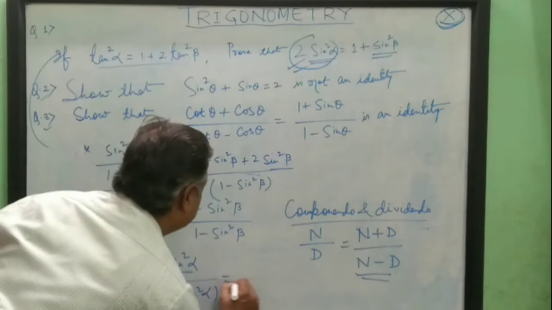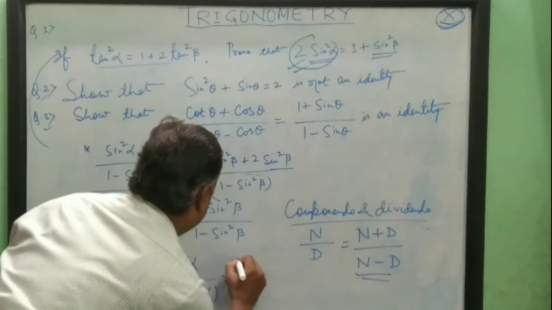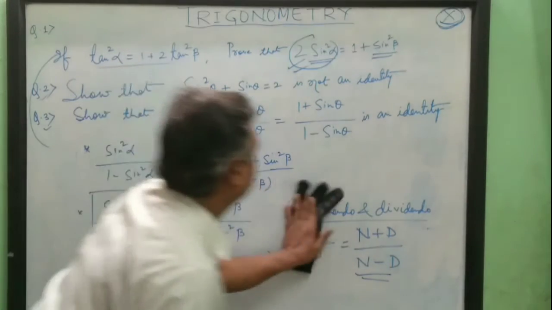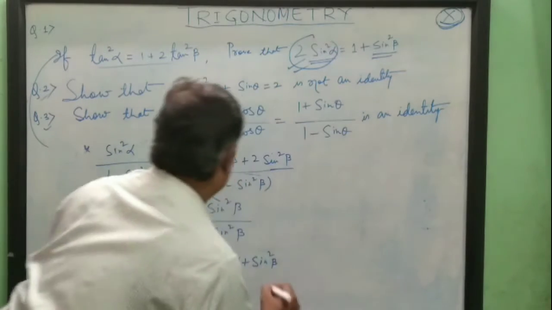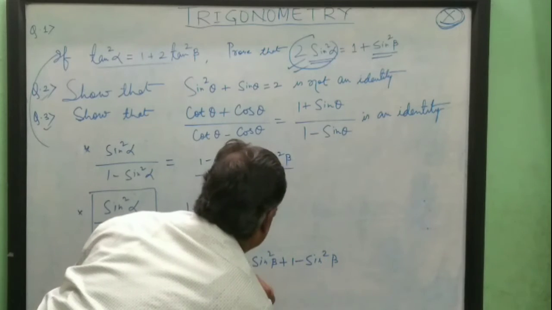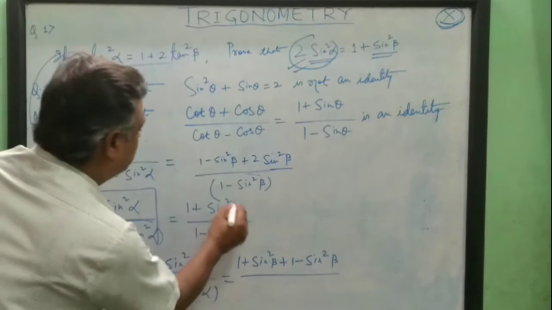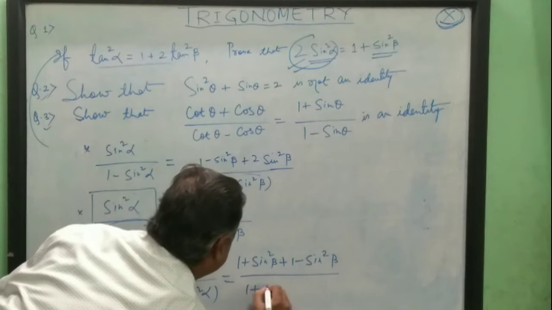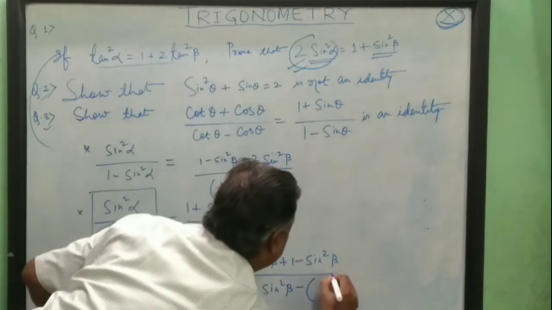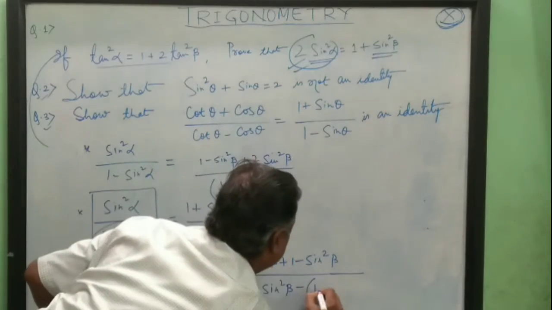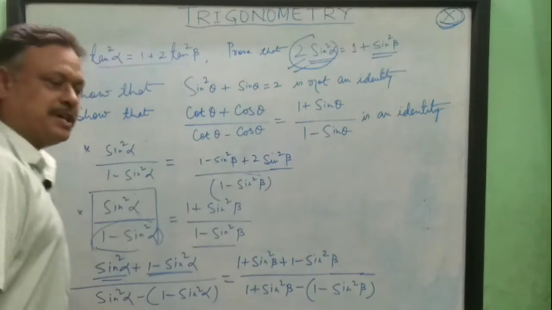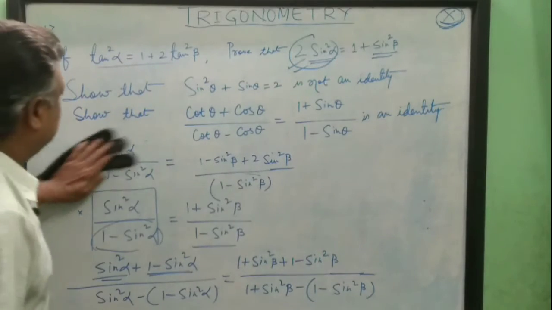Similarly, right side we can apply, 1 plus sin square beta plus 1 minus sin square beta, then numerator minus denominator, so 1 plus sin square beta minus, within bracket, 1 minus sin square beta.